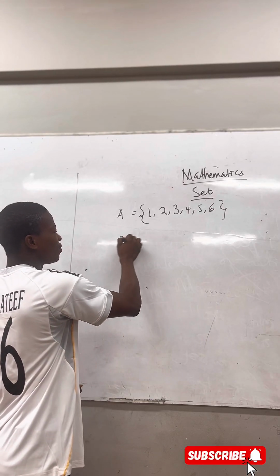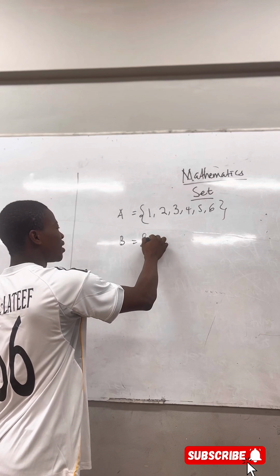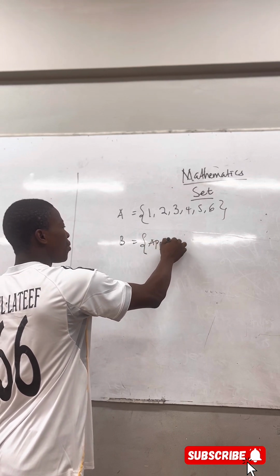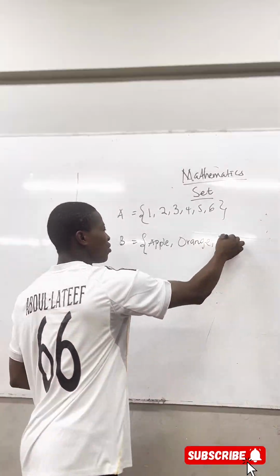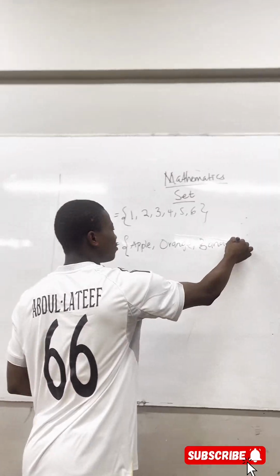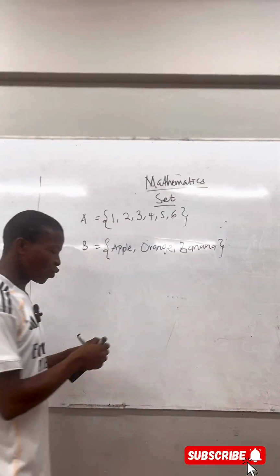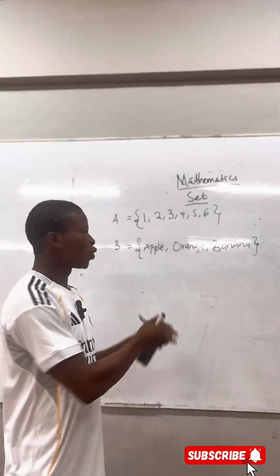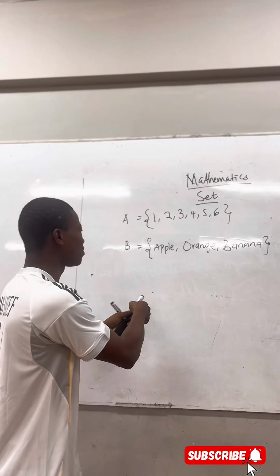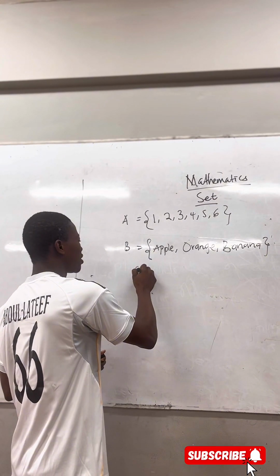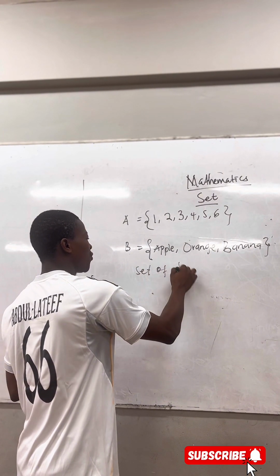We can have a set like this: apple, orange, banana. This is also another set, a collection of objects, and the objects are fruits. So it is a set of fruits.